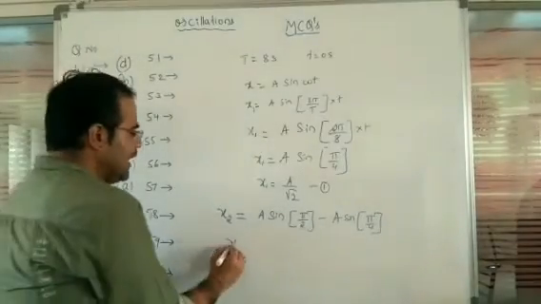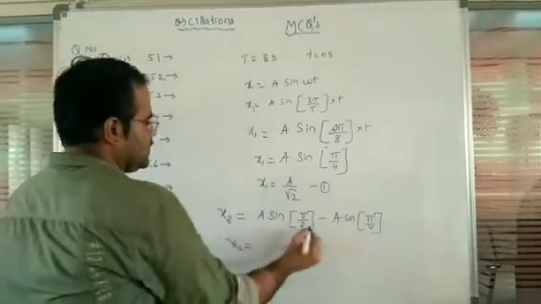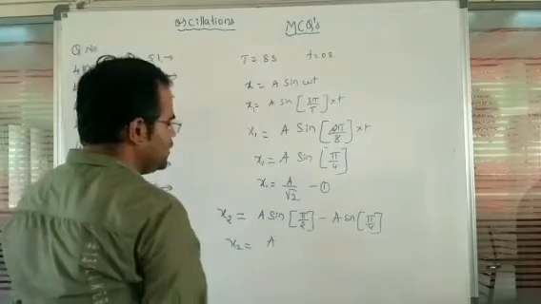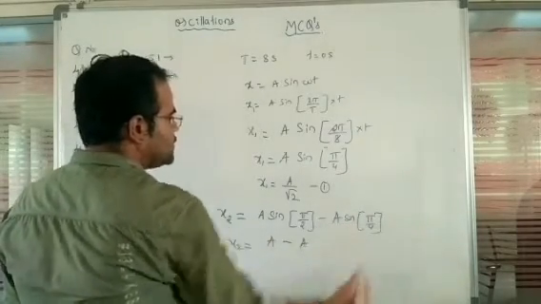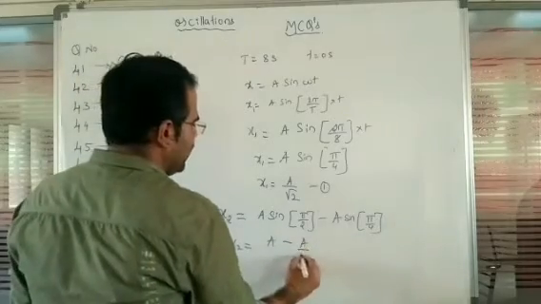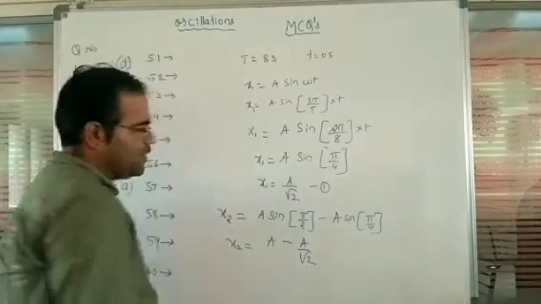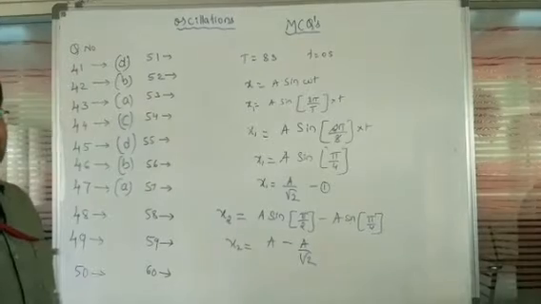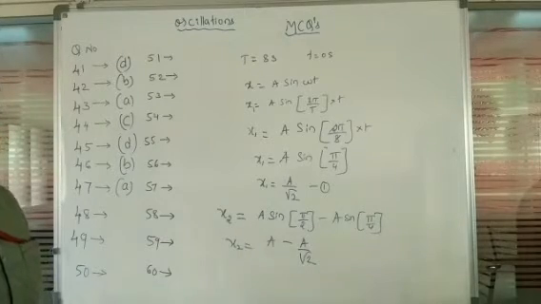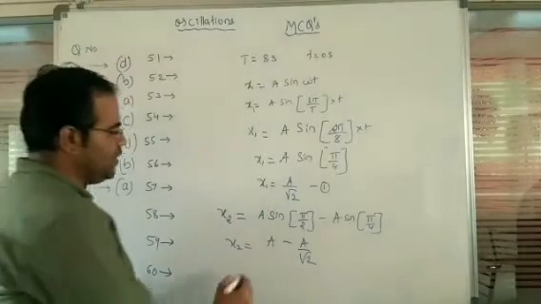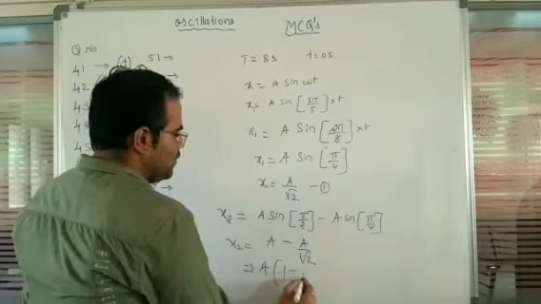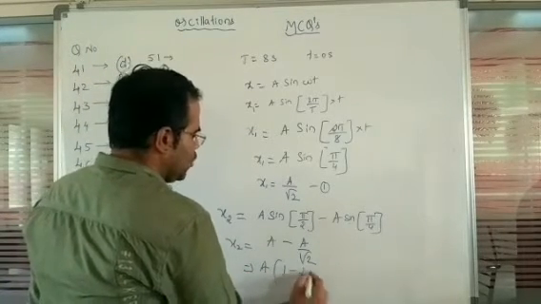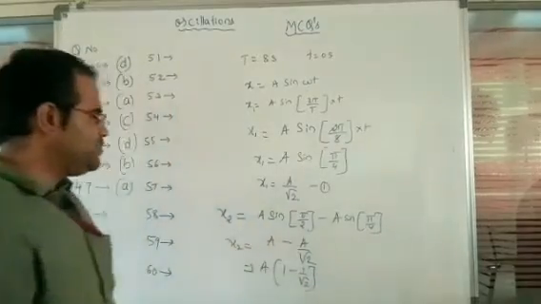In that one, x2 is equal to A multiplied by sine pi by 2, whose value is 1, minus A multiplied by sine pi by 4, which is 1 divided by root 2. Now when we observe the equation, A is a common term, so A can be taken outside: 1 minus 1 divided by root 2. So this is the equation.